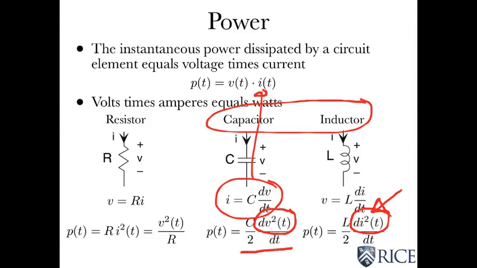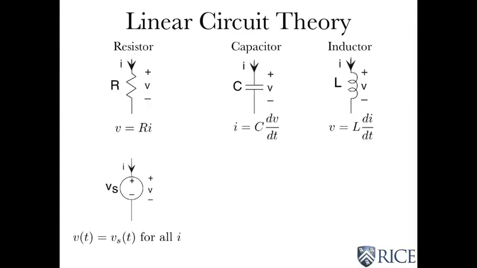Now, I want to show you how we're going to start thinking about these. Our fundamental circuit elements are going to be the resistor, the capacitor, and the inductor. We'll use voltage sources a lot. We are going to build systems out of these elements. It's called a circuit.